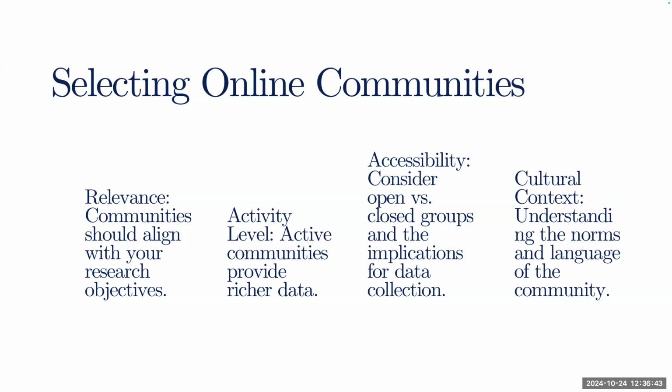So, selecting the online communities, there are certain things that we want to look at. First and foremost, you're looking at relevance to the research objectives. The chosen community should align with the study's goals, whether that is understanding consumer behavior, exploring subcultures, or analyzing discourse patterns.